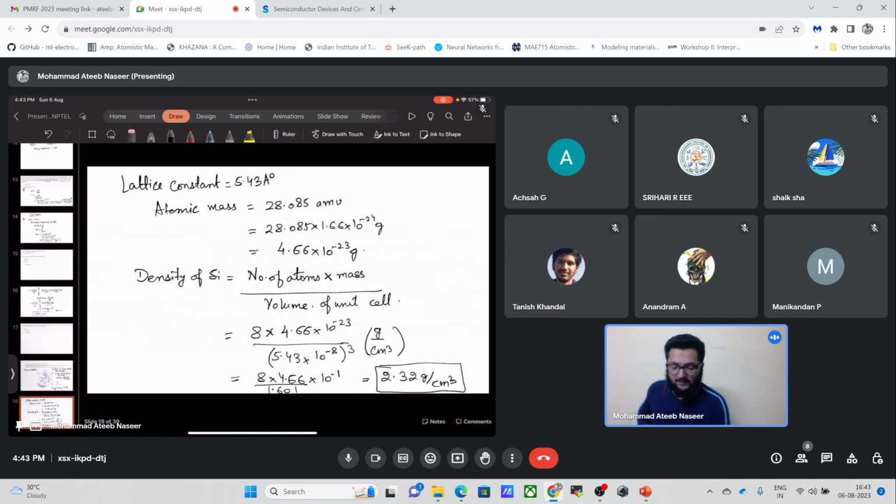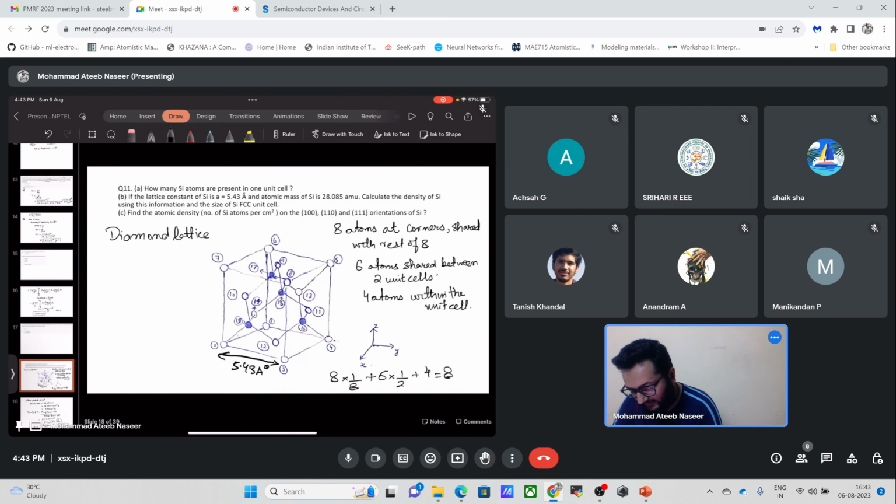So this is the density of silicon that we have been able to find by just seeing that there are eight atoms, its effective mass was given, and also the volume was given to us. So we found it to be equal to 2.32.